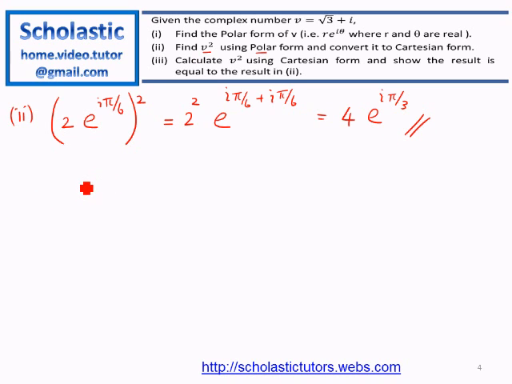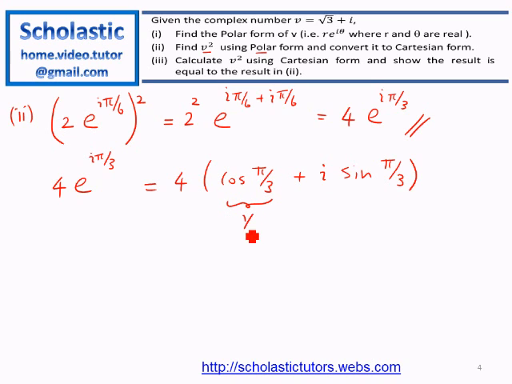And if you translate this back to rectangular form, this becomes 4 times cos pi by 3 plus i sine pi by 3. We know cos 60, that is pi by 3, is equal to half, and sine 60 is equal to root 3 by 2.